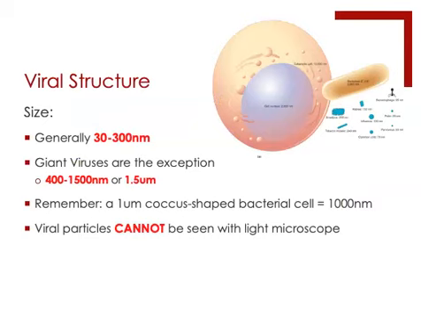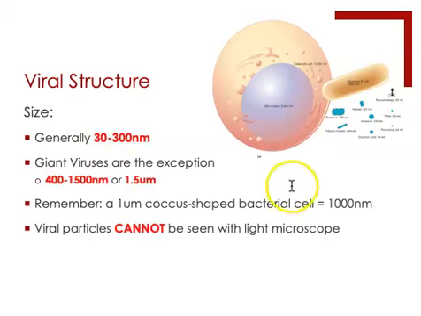So when you think about viral structure, one of the key things to remember is how big they are. Generally speaking, if you look at all viral particles, they range in size from about 30 nanometers to about 300 nanometers. Okay, very, very small.